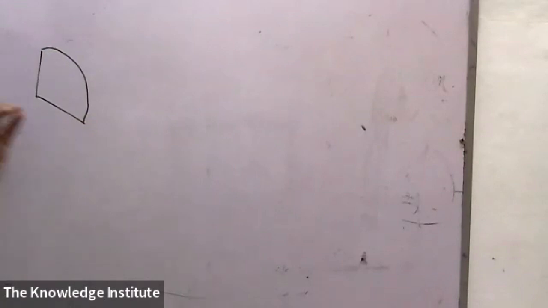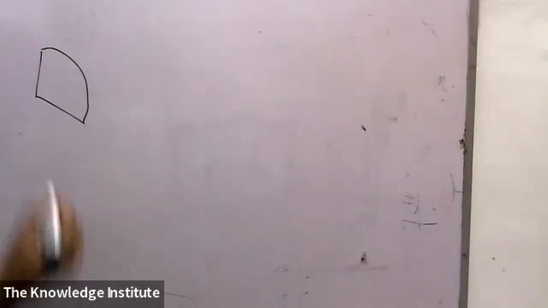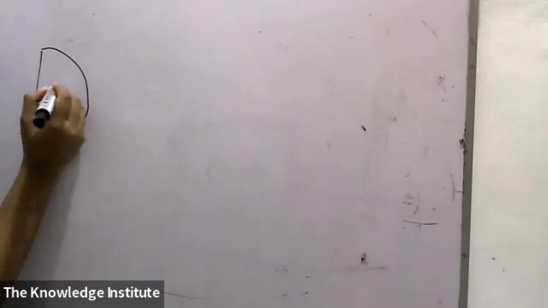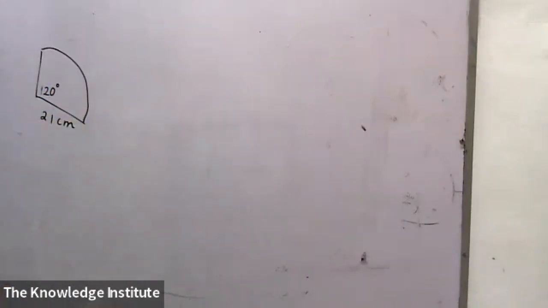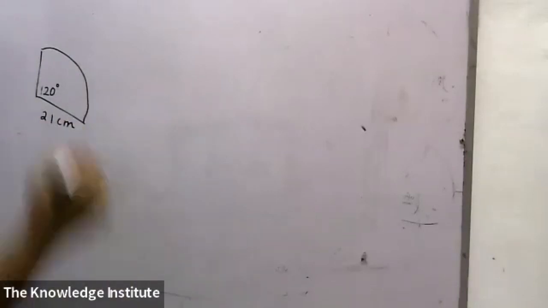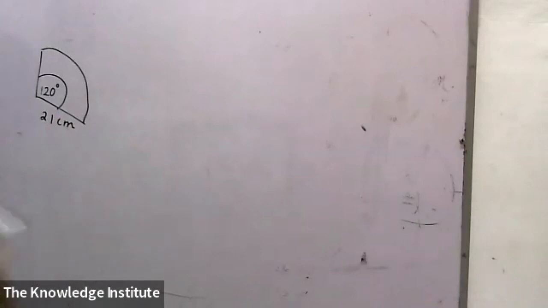Usually in essay questions you will get around 5 sub questions. They'll give you a diagram or a paragraph and tell you to find the answer. Let's say the angle is 120 degrees and the radius is 21 centimeters. How to find the perimeter? If you want to find the perimeter, definitely you must find the arc length.